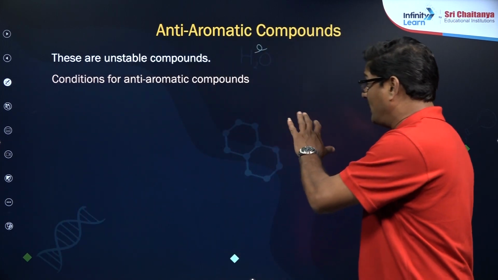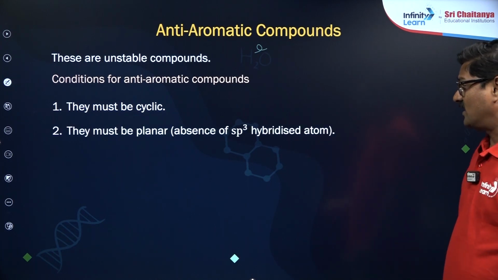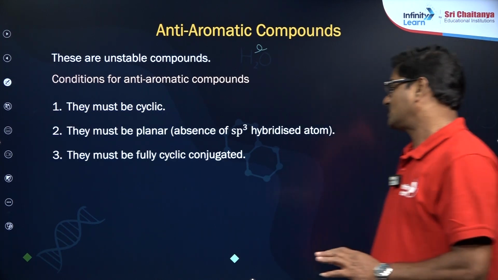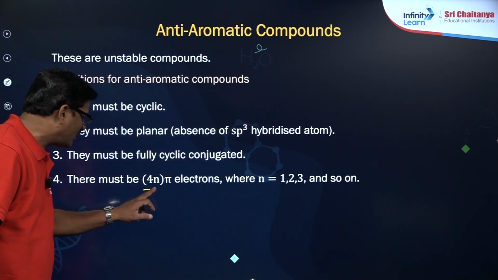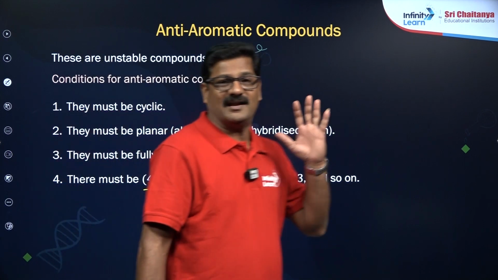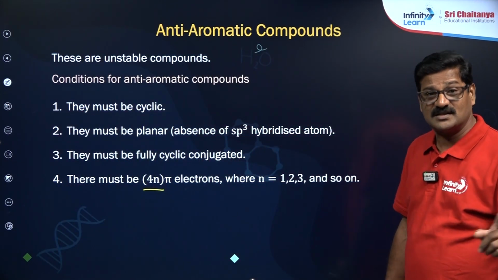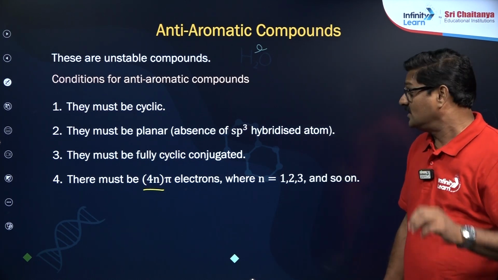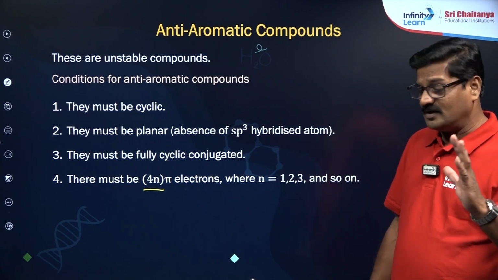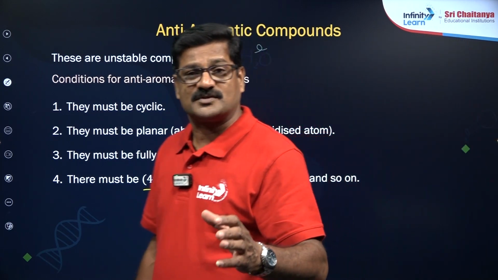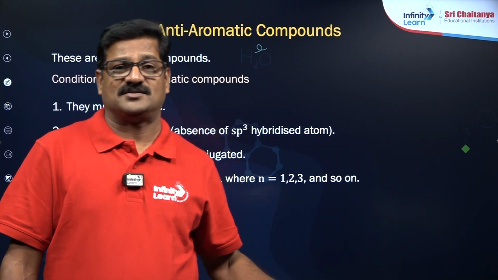The conditions for anti-aromatic are that they should be cyclic, they must be planar, they must be fully cyclic conjugated, and there should be 4n pi electrons. Only the last point varies between aromatic and anti-aromatic. That fourth condition makes the compound highly unstable. Aromatic compounds are super stable, anti-aromatic compounds are utterly unstable.